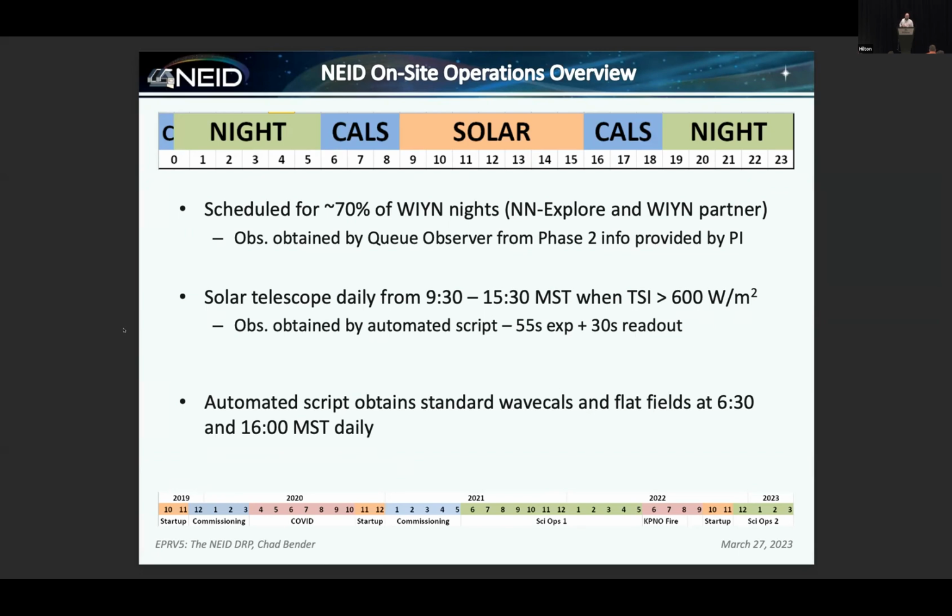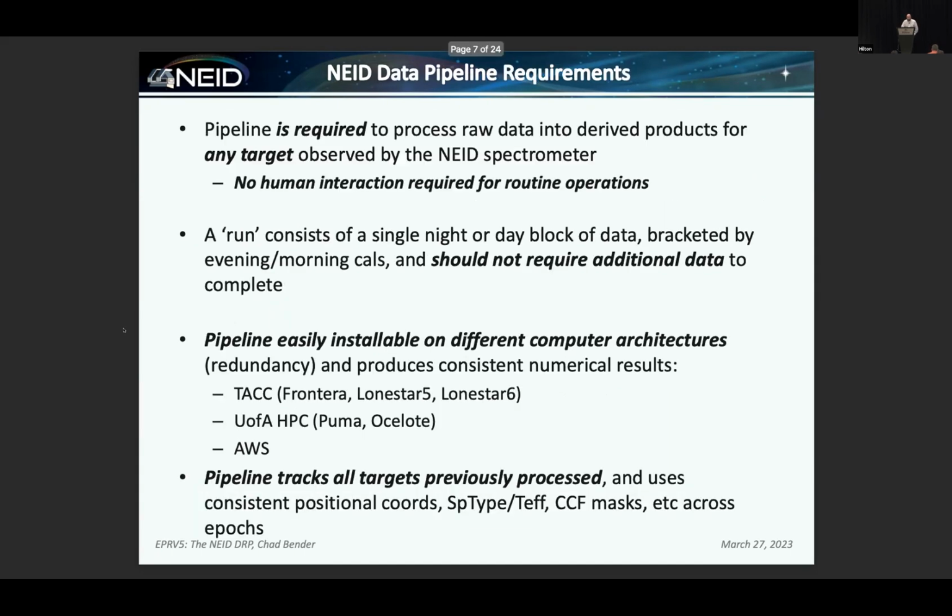We also have had 3 different startups of the instrument, which Paul talked about. I don't need to go into them, but that definitely screws up your pipeline development, and it's caused problems with ours. The pipeline, as BJ said, takes our raw level 0 data and turns it into derived products. We do this looking only at a set of data from that run.